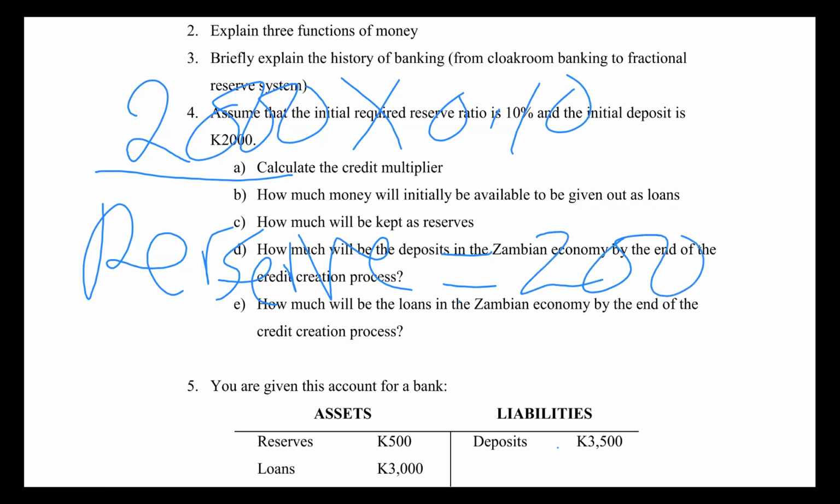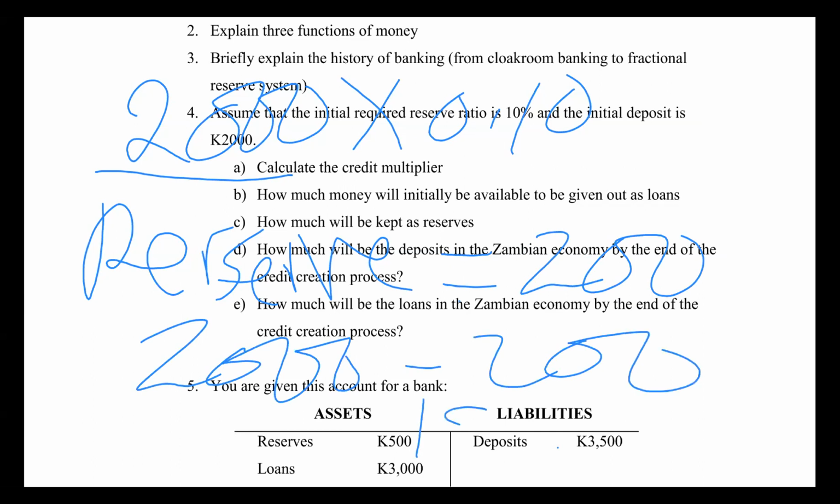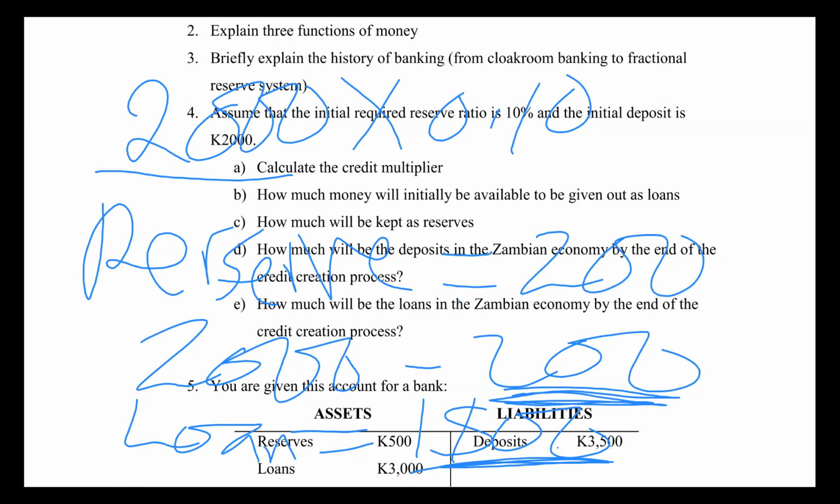So they reserve 200 kwacha. Then 2,000 minus 200 kwacha, which is 1,800, is the loanable funds. They will keep the reserve to meet the demands of those who come to withdraw, but the rest will go into circulation.